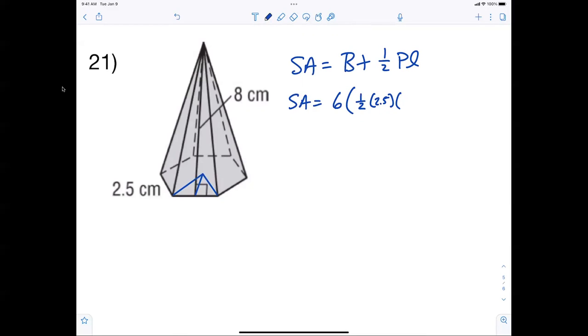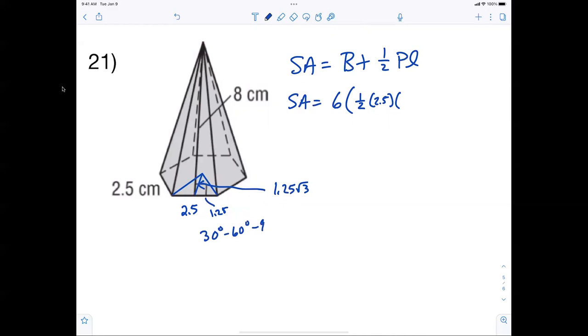Yeah, 1.25 radical 3. Guys, we've done it thousands of times. Everybody should be able to just look at that and say, oh, that's just 1.25 radical 3. All right, just to refresh your memory, the base is 2.5, so this piece of the puzzle is half of that, 1.25. Then this height right here is 1.25 radical 3, because again, that is a 30, 60, 90 degree triangle. Everybody's good with that?